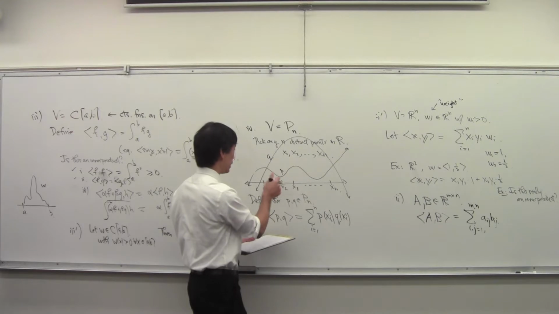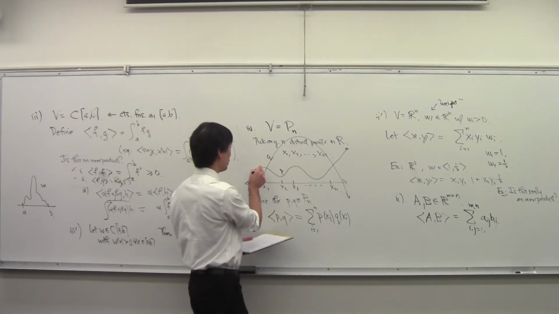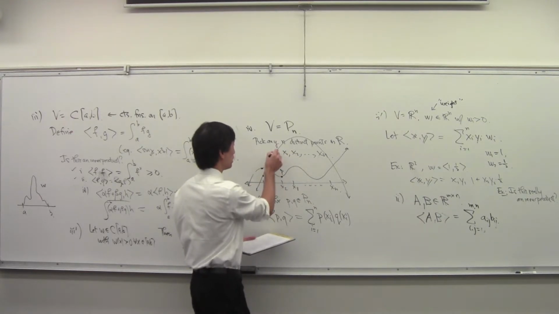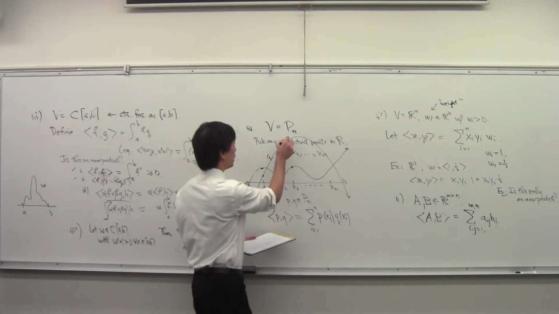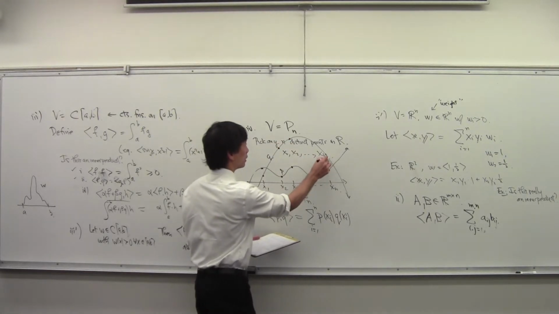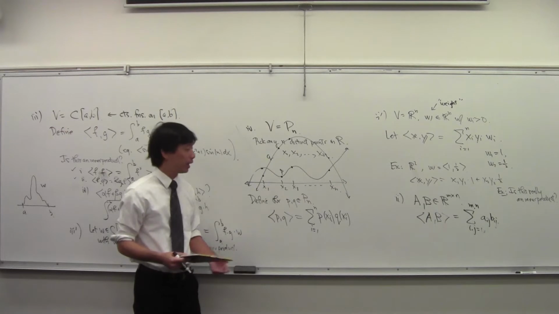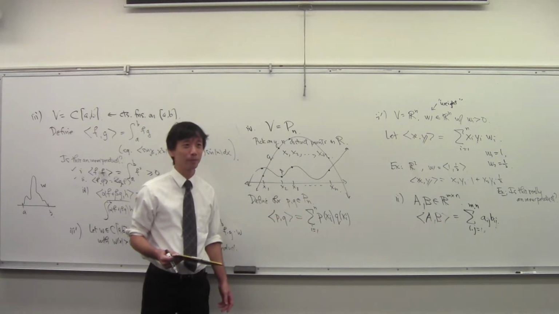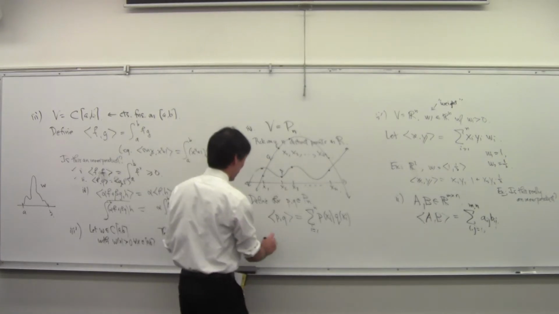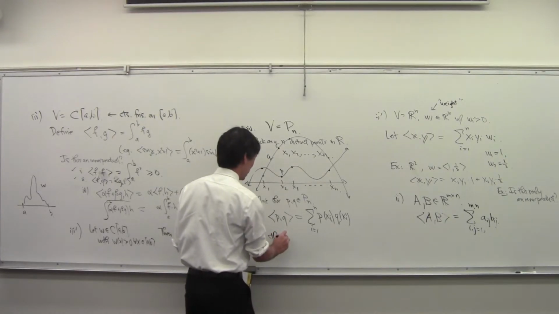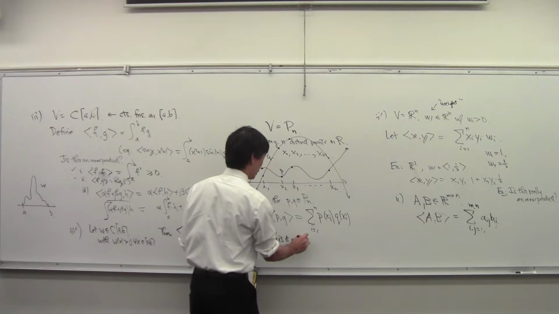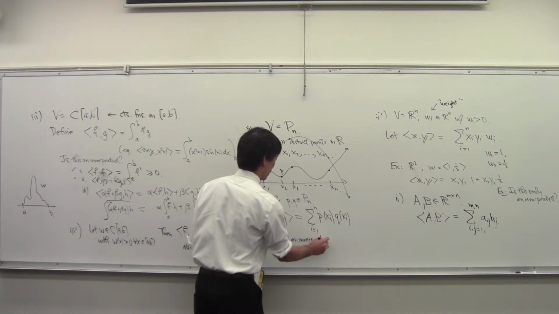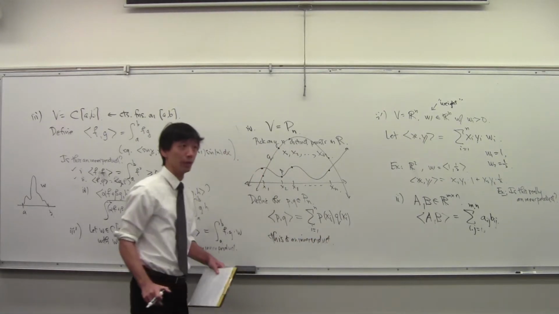We have these n points, and we take the values of our polynomials at those points and multiply them together, and then just add up all those products. And I say this is an inner product.